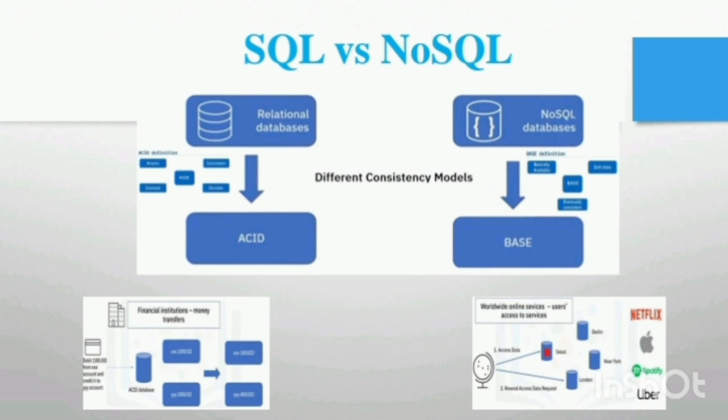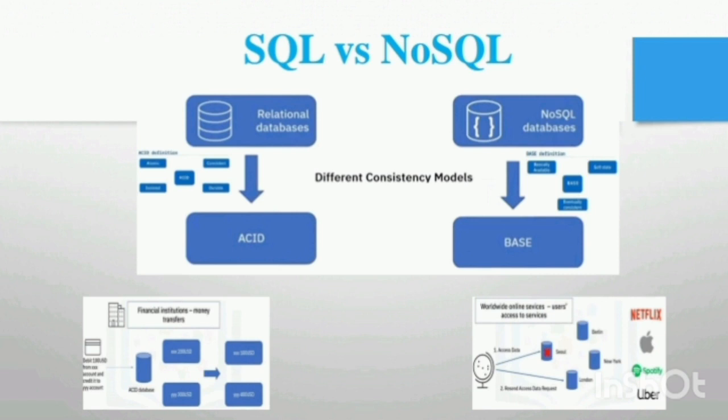Rich query language. It provides a powerful and expressive query language, allowing developers to perform complex queries, filter, sort, and aggregate data with ease. Queries can also be based on the values of embedded documents and arrays. Horizontal scalability. MongoDB is designed to scale horizontally across large clusters of commodity servers or cloud environments.